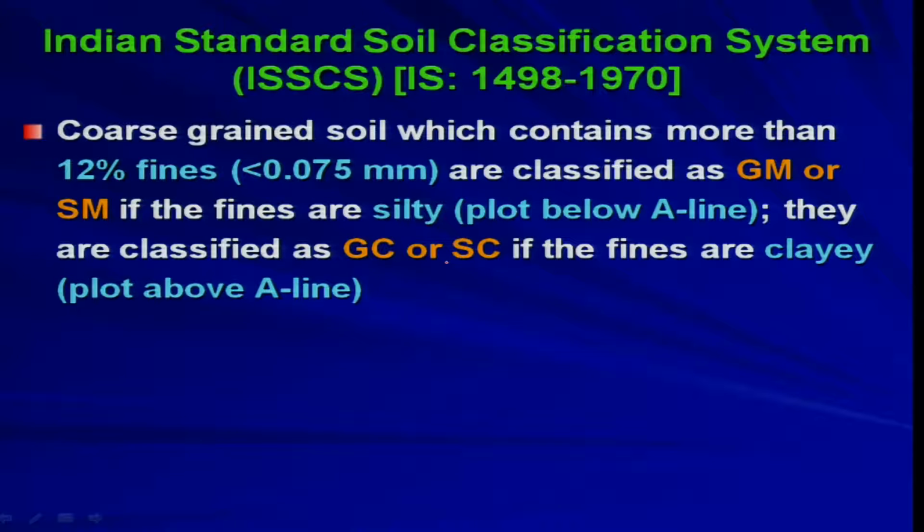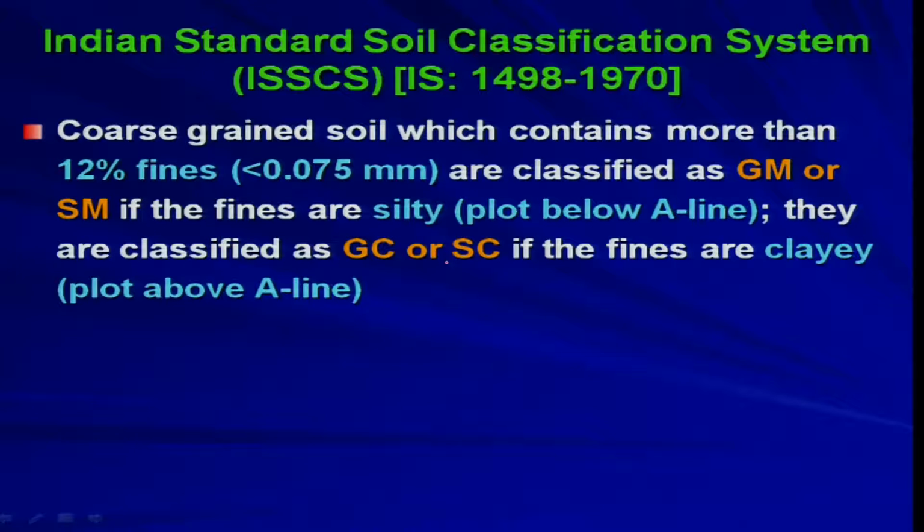So, soil with more than 12% fines is classified as GM or SM. If this is coarse grained soil, you have only two options, either gravel, that is G, or sand, that is S. So, it will be classified as GM or SM, that means silty gravel or silty sand, if the fines are silt. Fines means whatever you collect that is less than 75 micron.